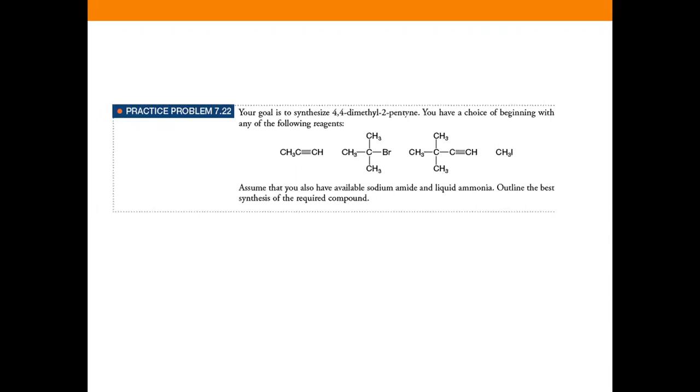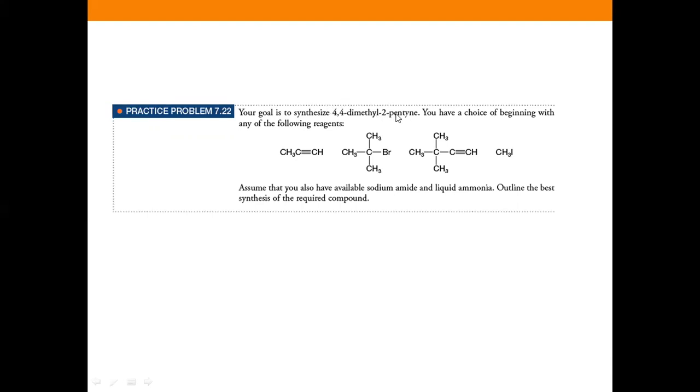Next problem, your goal is to synthesize 4,4-dimethyl-2-pentyne. You have a choice of beginning with any of the following. So you have to draw this one.